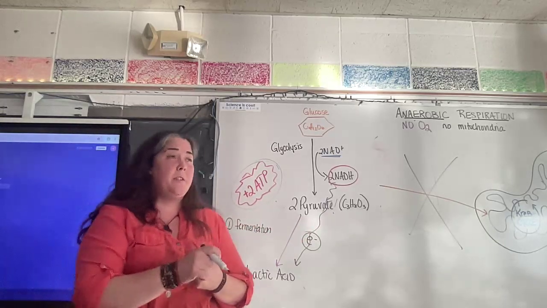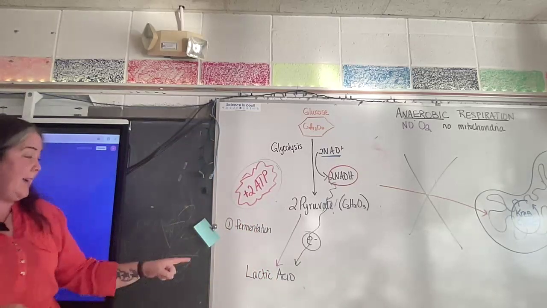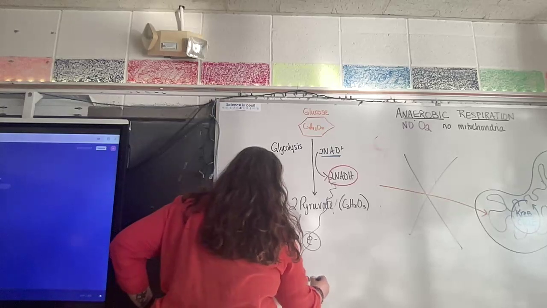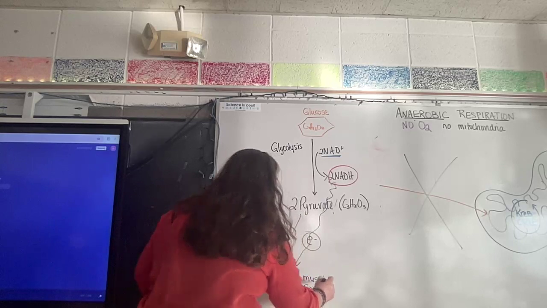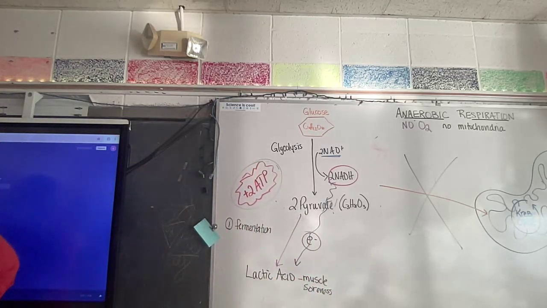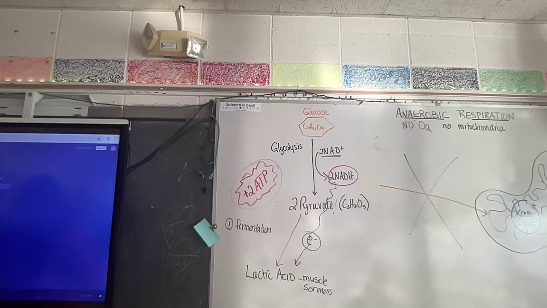So for our sprinters, our weightlifters, our athletes, lactic acid fermentation causes muscle soreness. When you work out, if you're doing it right, you should be working out a little harder every single time, pushing your muscles. But it also means that maybe there's not enough mitochondria. Or if you're weightlifting, has anyone ever weightlifted?